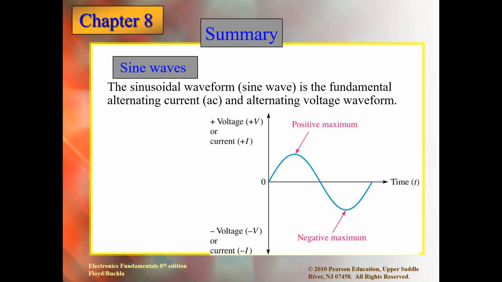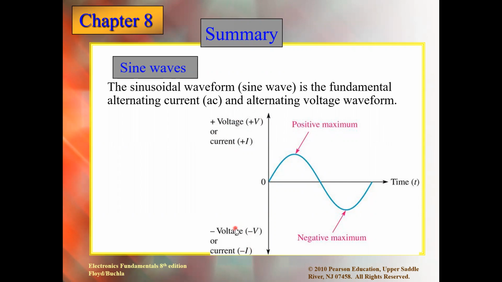So if you just look here, this is the shape of the sinusoidal wave. On the x-axis we have time, and on the y-axis we can have voltage or current. Similarly, we have the negative y-axis, with negative values of voltage and current.